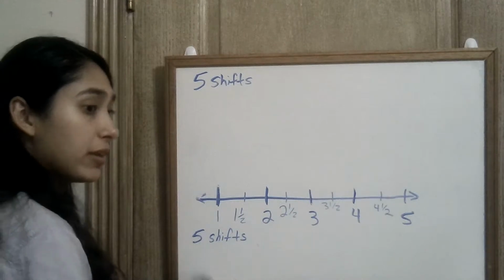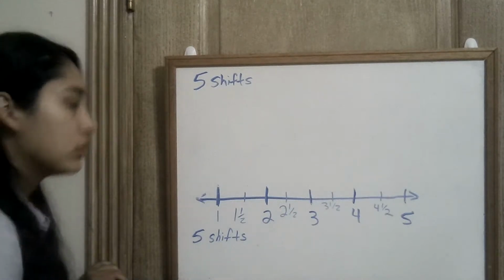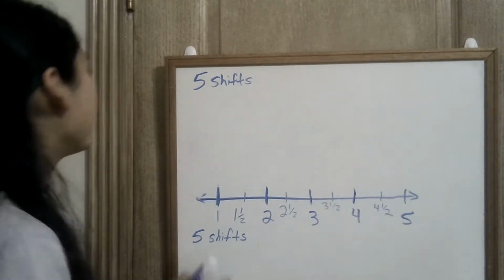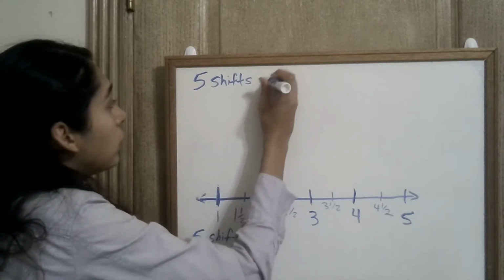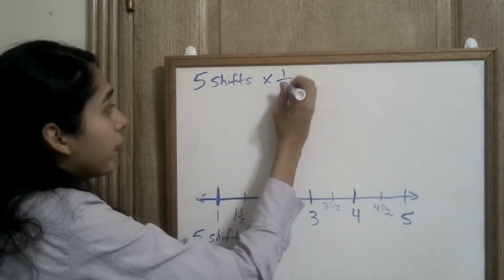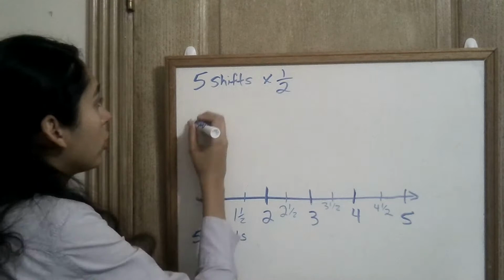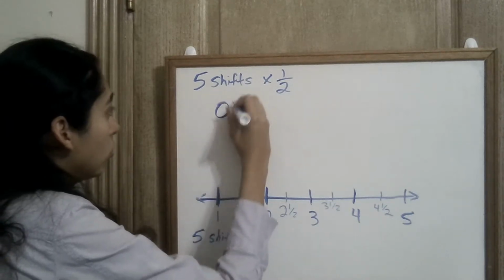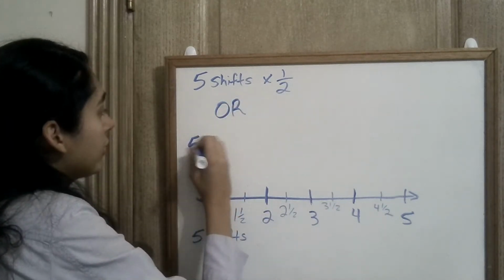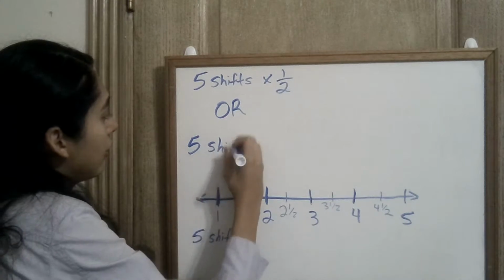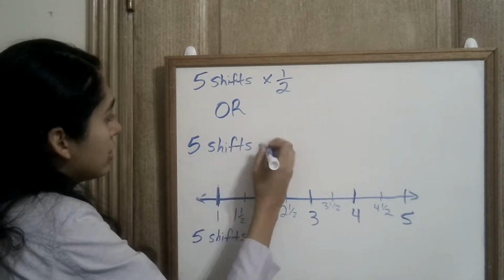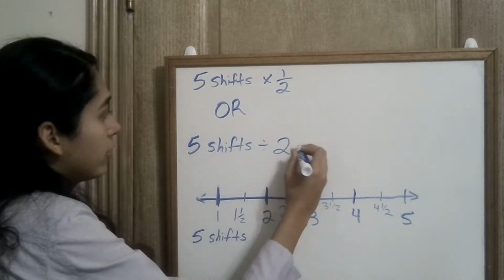So we're just talking about 5 shifts here. Easier question. So we can either multiply by 1/2 or take 5 shifts divided by 2.